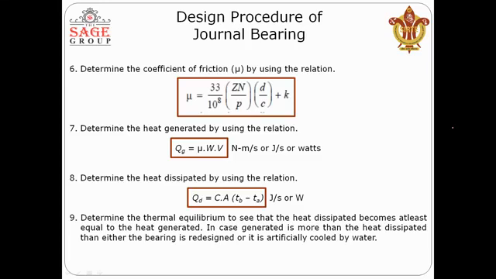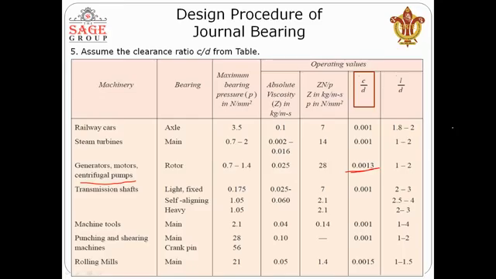Fine. Now, the value of K is taken as 0.002 for the different values of L upon D. If L upon D ranges between 0.75 to 2.8, the value of K is 0.002. In this particular case, I'm going back to the table.